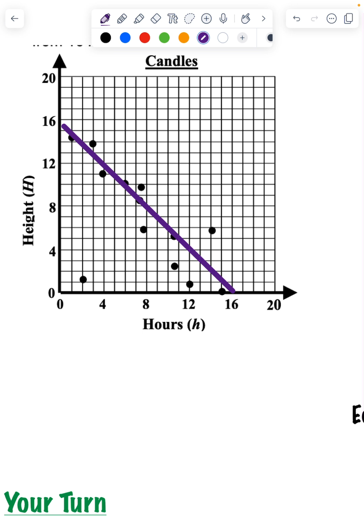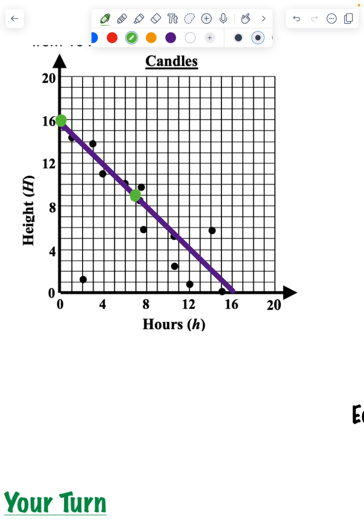So in this case, I'm going to now look for my perfect points on my line, and I'm going to then fill in my table. So I know that I have a perfect point. I'm going to use a different color just so they stand out a little bit more. I have a perfect point up here. And then going down, it looks like I have a perfect point here.